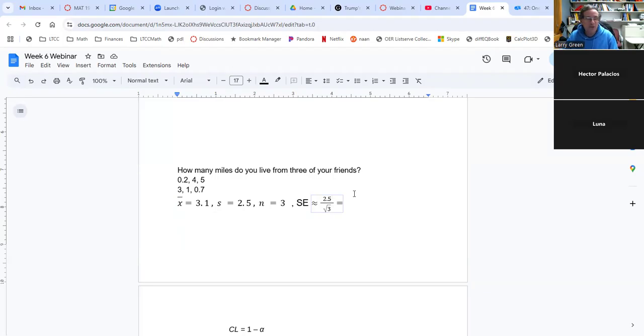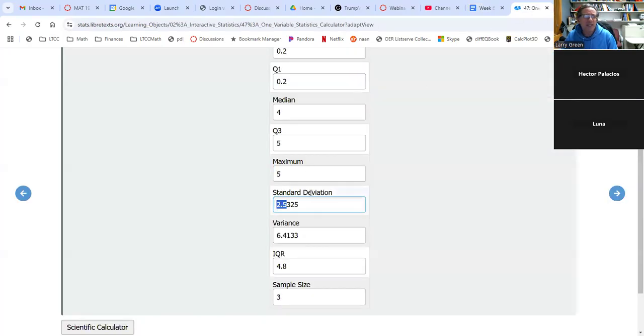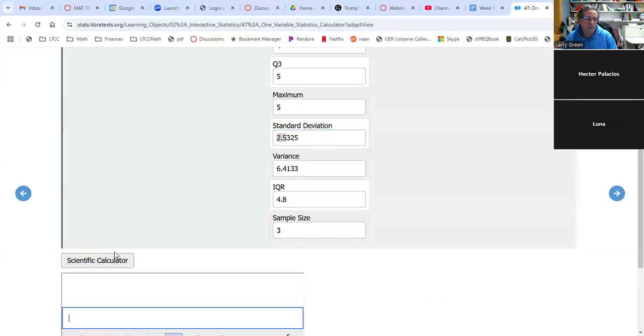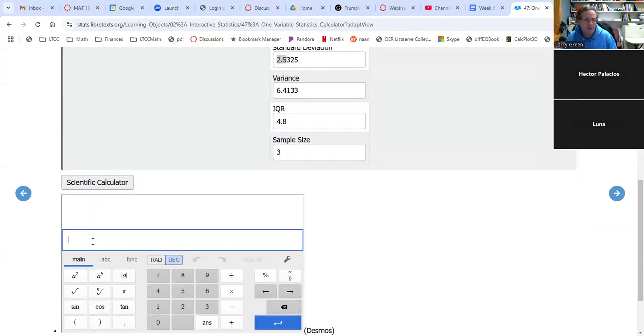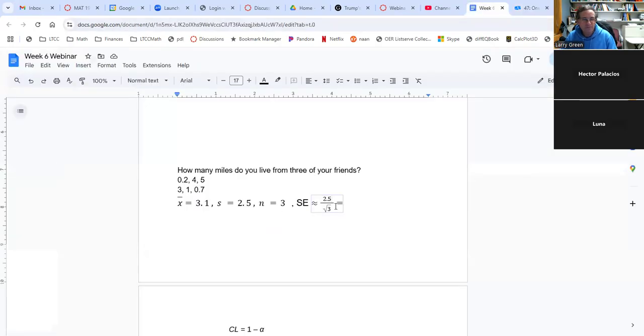Again, 2.5 over the square root of 3. I can plug that in: 2.5 divided by the square root of 3, and I get about 1.4. And again, I rounded to the first decimal place. Normally you'd use more digits, but we're not really using this, we're just using it for understanding.